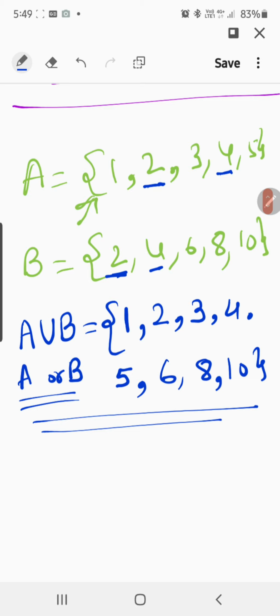One more time I am repeating: A union B means you write all the elements in set A as well as in set B. If you are considering 3 sets, follow the same fashion. If something is repeated in 2 sets, you just write it once. So A union B is 1, 2, 3, 4, 5, 6, 8, 10.